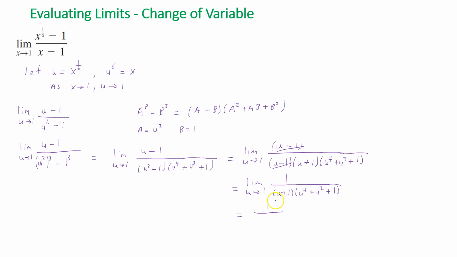Putting 1 into u here, we're going to get 2, so 1 plus 1 is 2. And then putting 1 into here, 1 to the power of 4 is 1, 1 to the power of 2 is 1, and then plus 1. That's going to give us 3. And what we're going to get is 1 over 6. Okay, so the value of the limit in this case is 1 over 6.